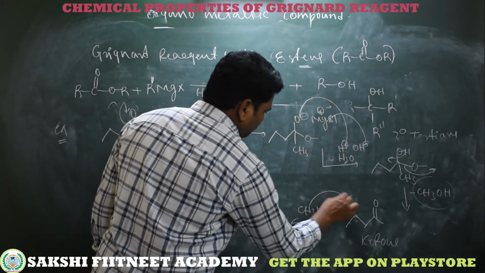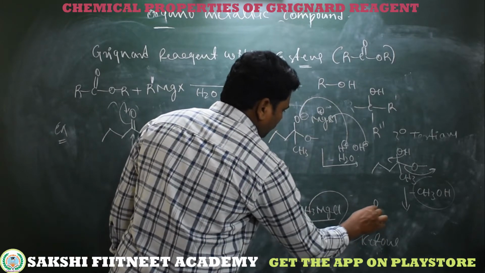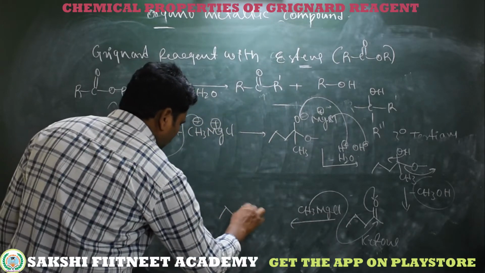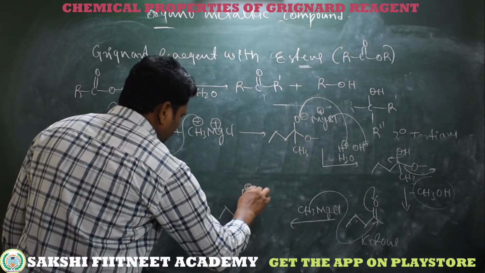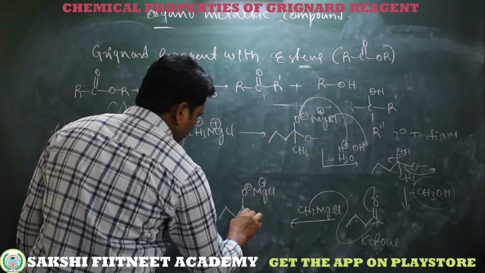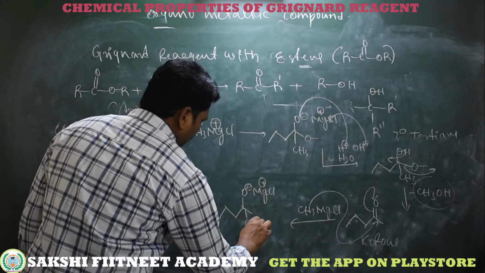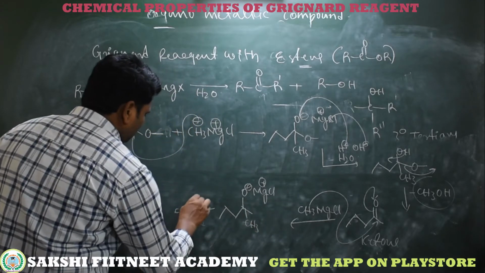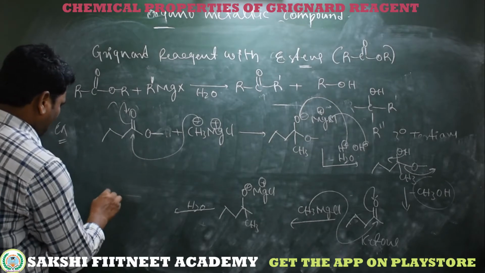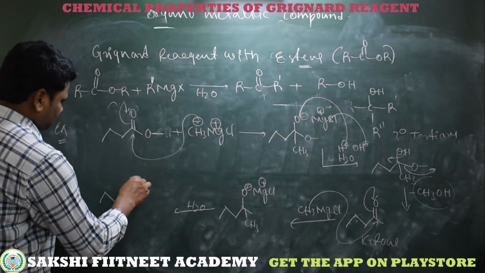So here CH3 minus again attacks the carbon and the pi electrons shift to the oxygen. Then here we got O minus MgCl plus, and the CH3 is newly bonded. Upon hydrolysis, H plus OH minus, we will get a simple alcohol.